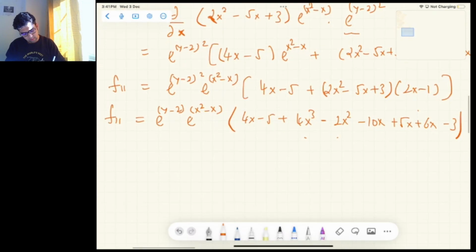So this gives me 4x, 5x, 6x, so 15x and minus 10x, so 5x, and minus 8. So this gives me 4x cube minus 2x square plus 5x minus 8. So let me just erase this whole term now.